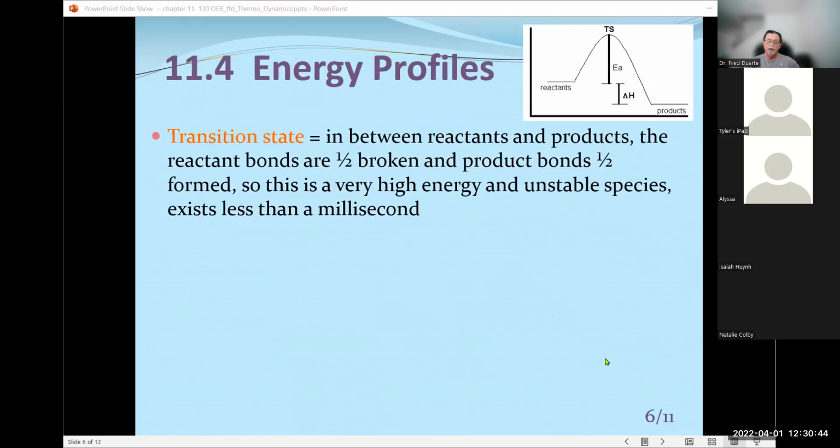All right. Now we're going to talk about energy profiles, and I'm going to define it. An energy profile is basically a graph. That's all it is. It's a graph describing a reaction process, and we have the x-axis and the y-axis.